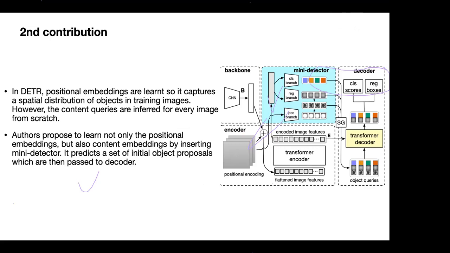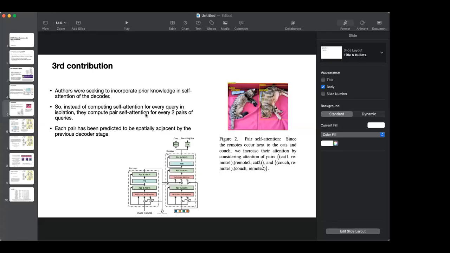So after the transformer encoder part, they insert a mini detector, which is used to predict a set of object candidates. Let's continue. As you can see, they look at positional embedding, but also content embedding, so that they insert a mini detector.